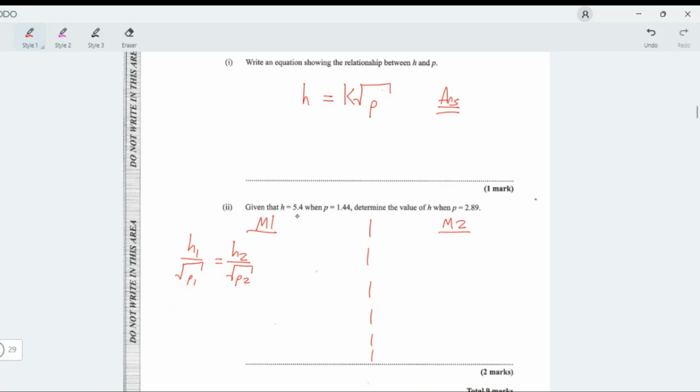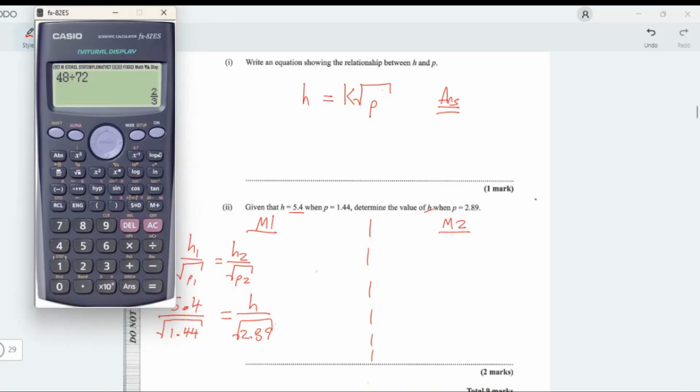What we do know is the first h value is 5.4 over the square root of 1.44. That's going to be equal to, we want to find h when p is 2.89, so it's now h over the square root of 2.89. Put this part in a calculator, fraction button, 5.4 divided by square root of 1.44, you get 9 over 2, or 4.5.